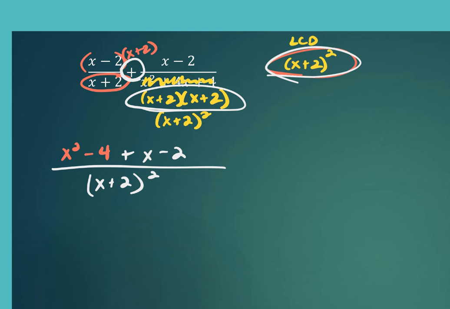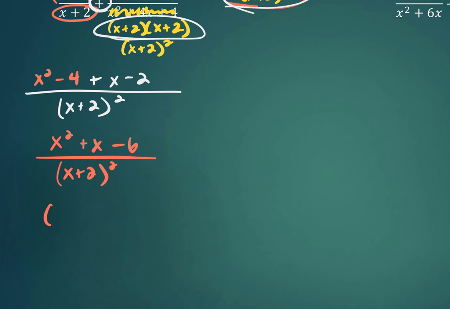And then I combine my like terms, and I get x squared plus x minus 6 over x plus 2 squared. And then I see if I can factor that. Are there factors of negative 6 that sum to positive 1? Yep, plus 3 minus 2.